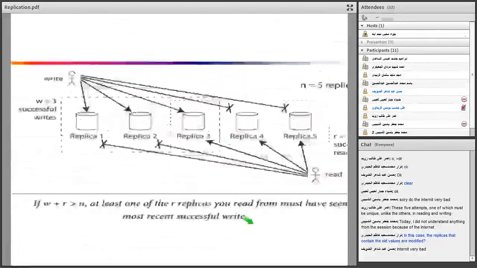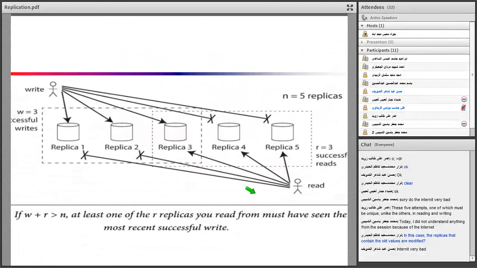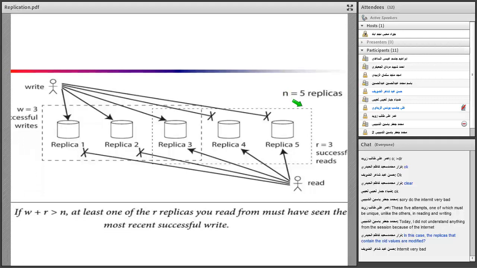For example, in this example, we have 5 replicas. So we want to calculate the quorum reads and quorum writes. We add 1 to the number of replicas, 5 plus 1.